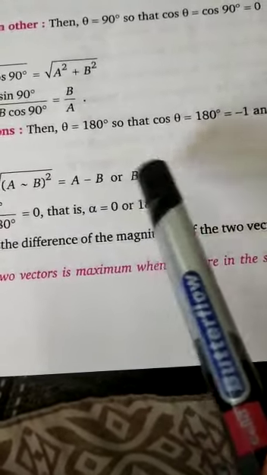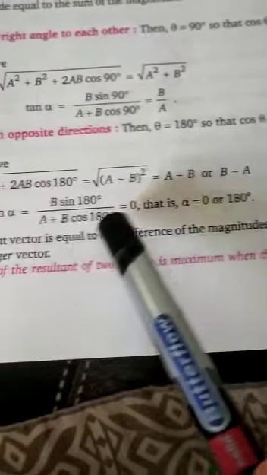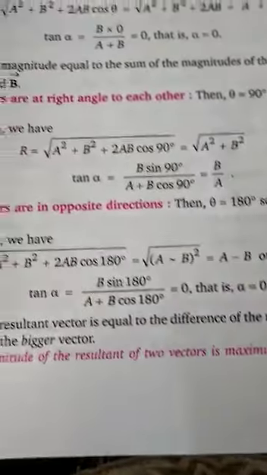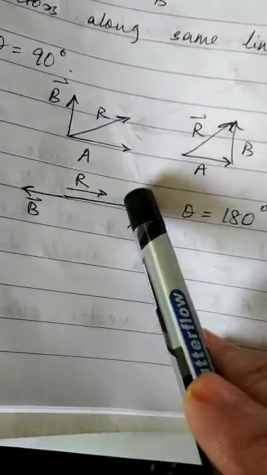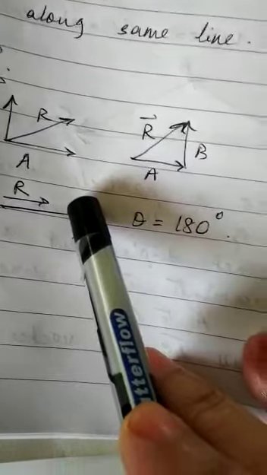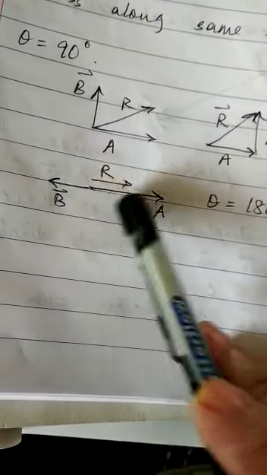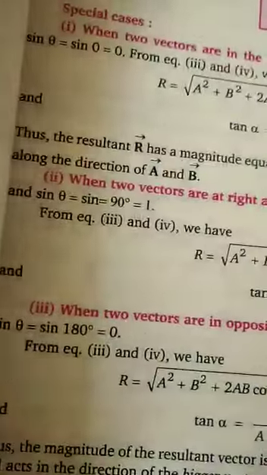When length of B is greater than length of A. And depending on that, if length of A is greater than length of B, R will be in the direction of A. And if length of B is greater than length of A, R will be in the direction of the greater vector B. So this is what we have about vector addition.